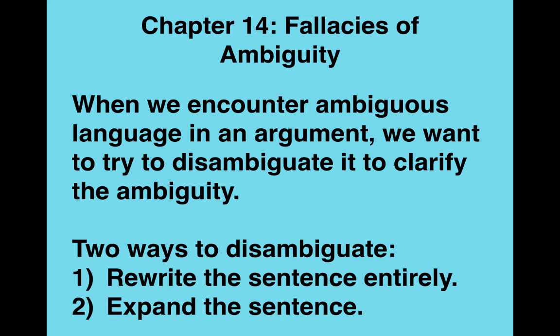There are two ways to disambiguate language. One way is to rewrite the entire sentence itself, starting from scratch, to try to explain what that sentence might mean. And another way is to leave the sentence entirely intact and then expand on the sentence, adding context.